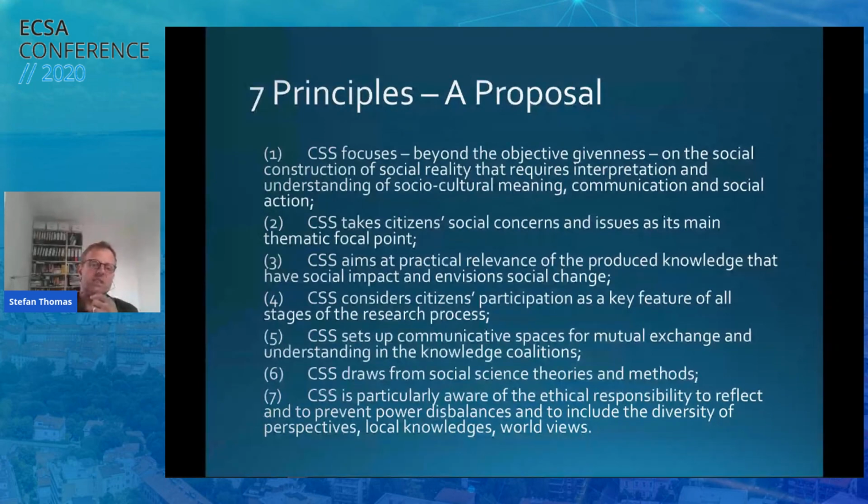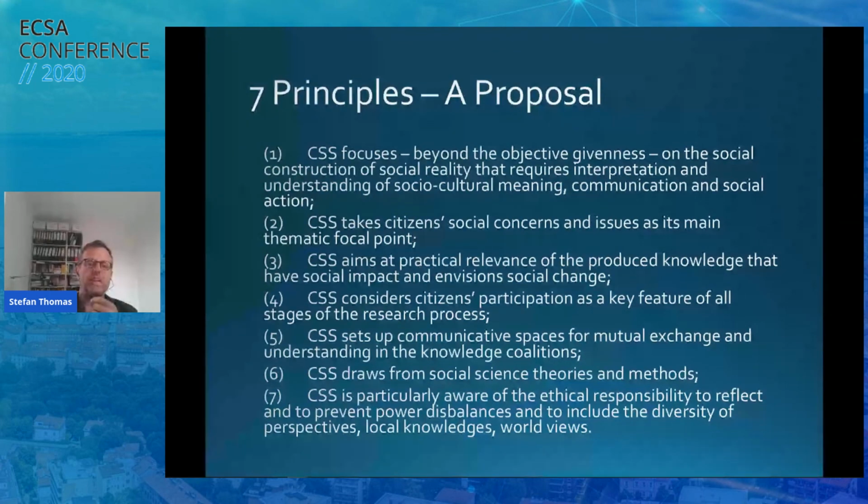Third, citizen social science aims at practical relevance of the produced knowledge, which has social impact and envisions social change. I would argue, towards the third point, if the research topic has an immediate relevance for the research participants, then also the results should have social impact to envision a better world.